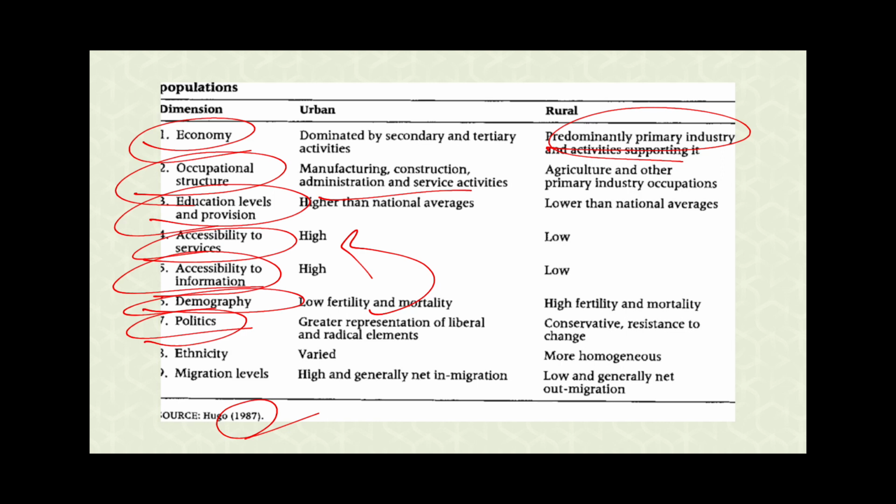And then in terms of ethnicity, urban areas are more varied because it's very much related to migration levels, wherein we expect that there's more net in-migration from rural to urban areas. Or even you can think about rural centers eventually becoming urban centers.